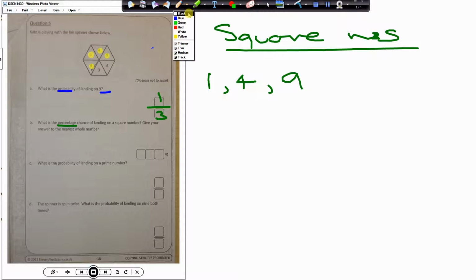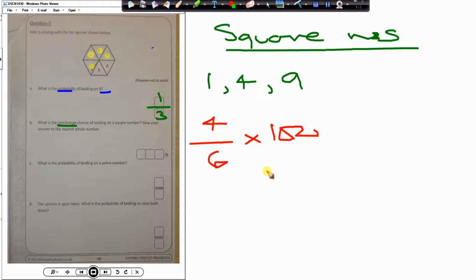So let's work that out. How many of them do we have? 4 out of 6, and we have to change that into a percentage. If we try to cancel that down, 4 divided by 2 is 2, and 6 divided by 2 is 3.